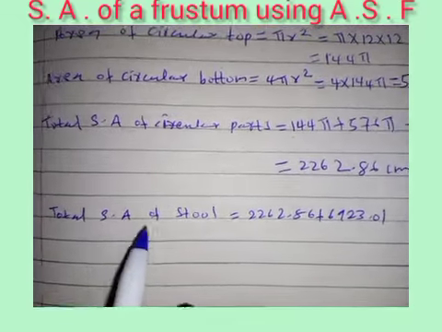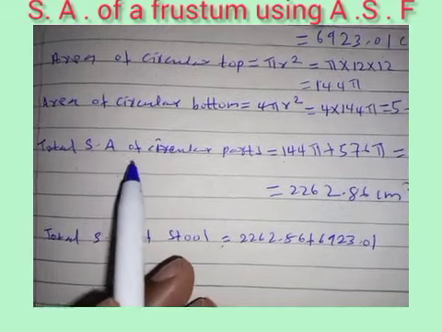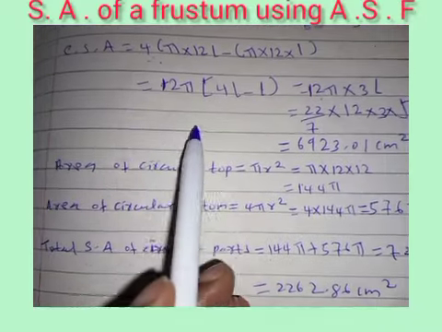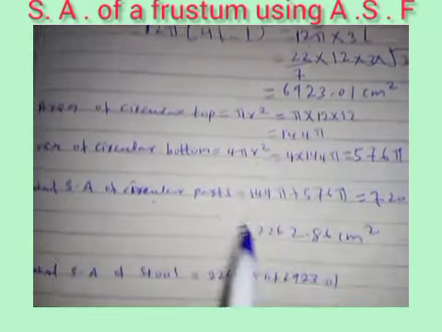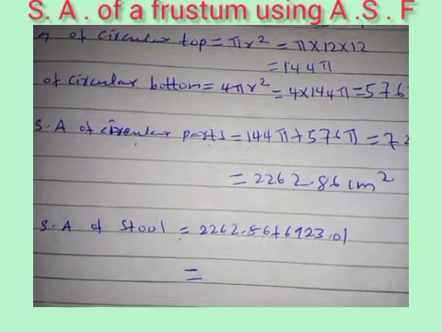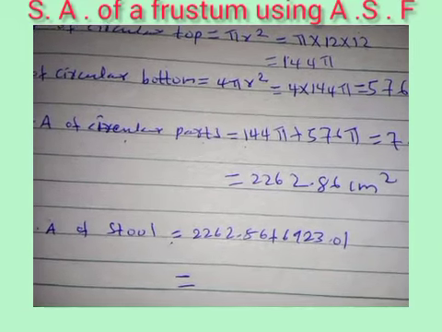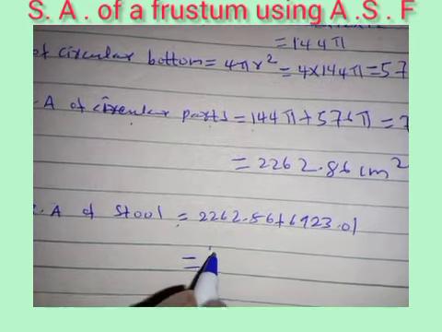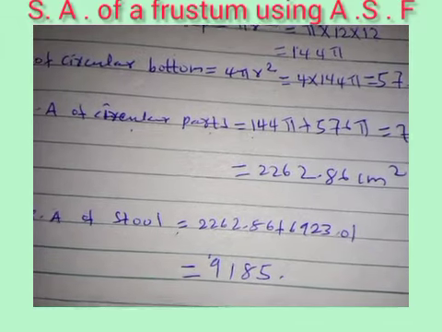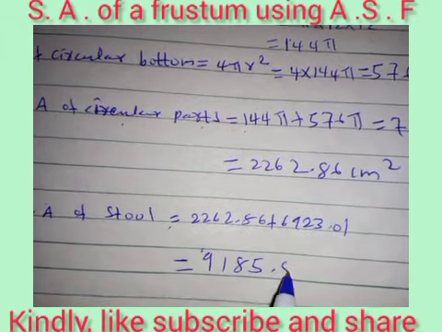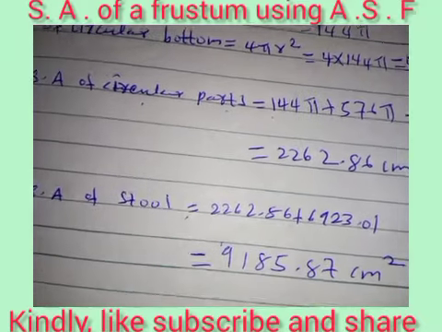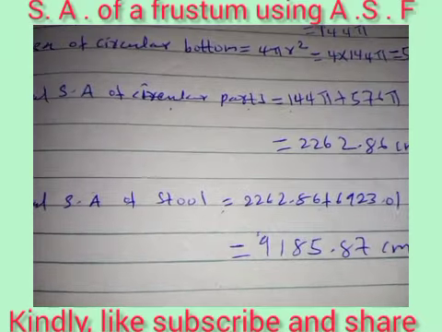So total surface area of the stool will be given by the total surface area of the circular part plus the surface area of the curved part, which is here. When you add this, they are going to give you 9185.87 square centimeter, to 2 decimal places.